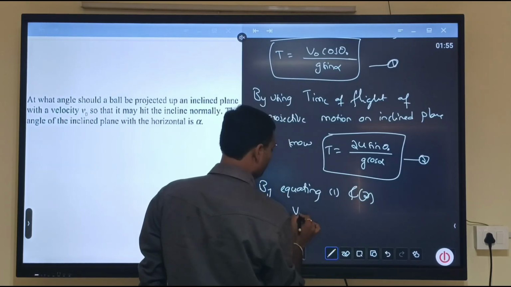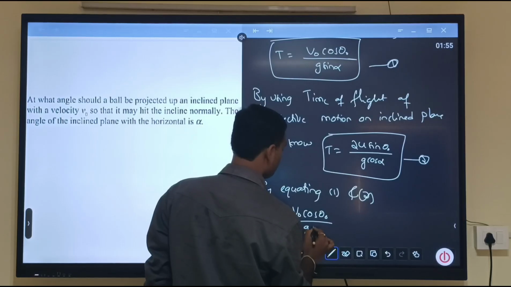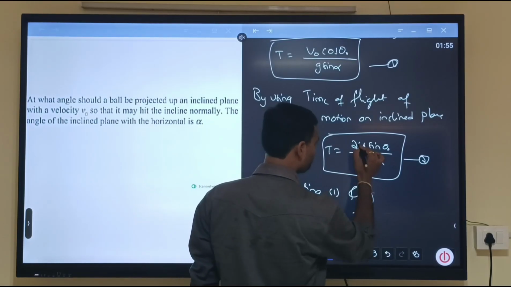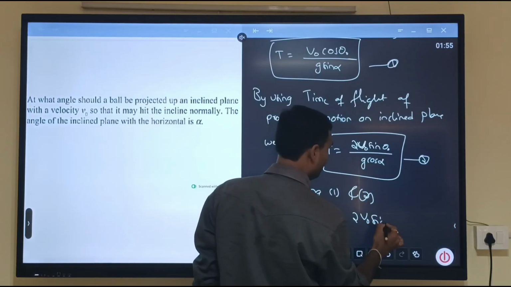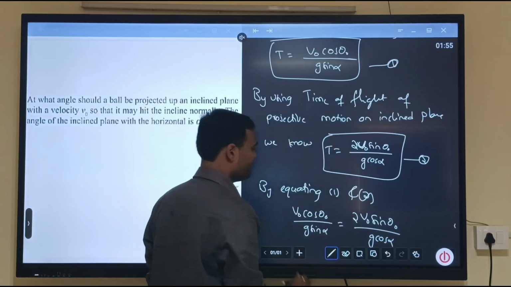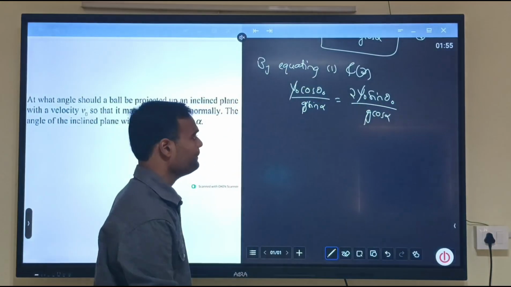By equating 1 and 2, v naught cos theta naught by g sin alpha is equal to 2 v naught sin theta naught by g cos alpha. Now, v naught gets cancelled.